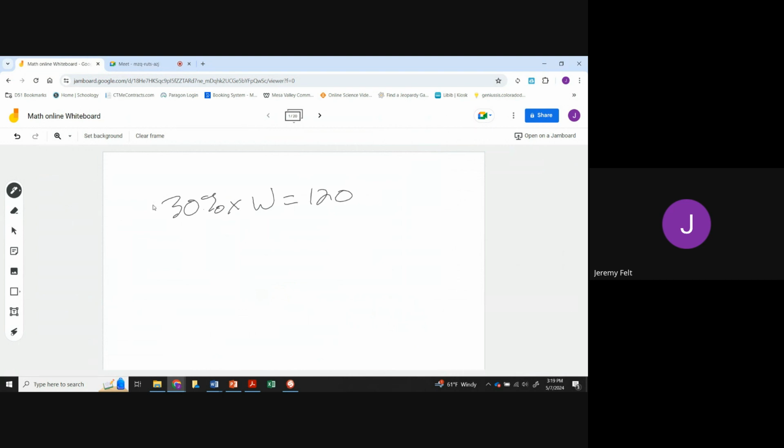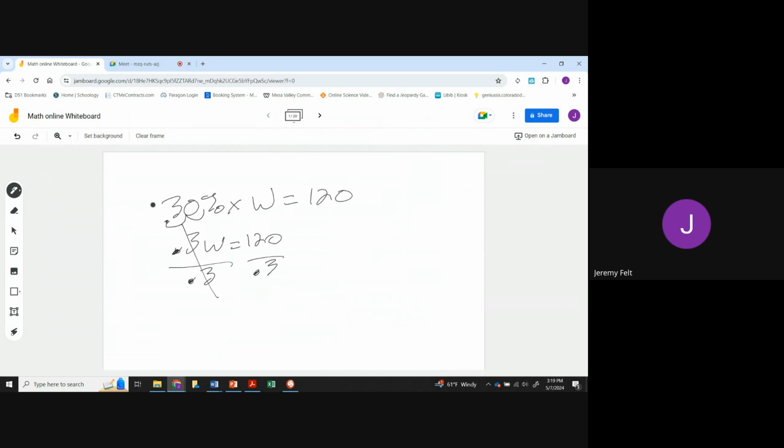First, this is a percent, so we need it to be a decimal, so we move it two places to the left. And we'll just call it 0.3w because that's multiplication. So our coefficient is or equals 120. Then we just divide both sides by 0.3.